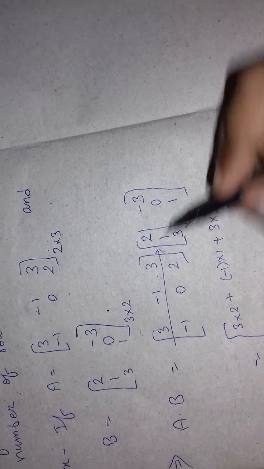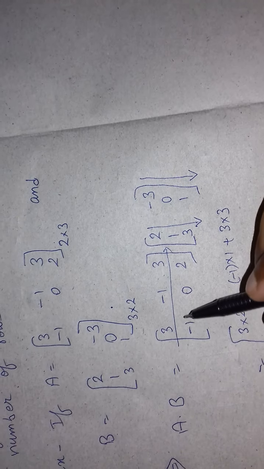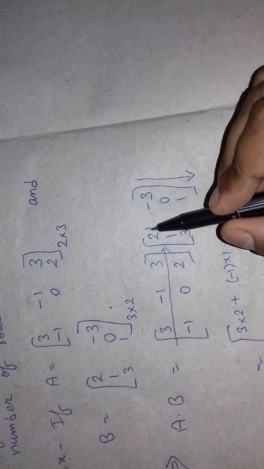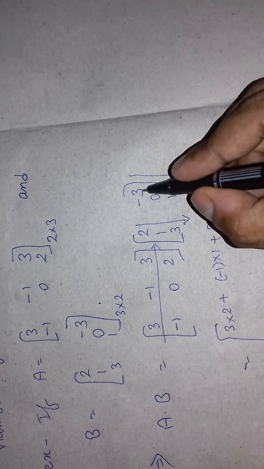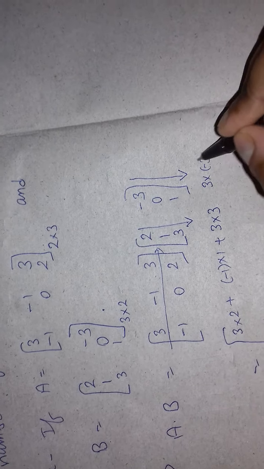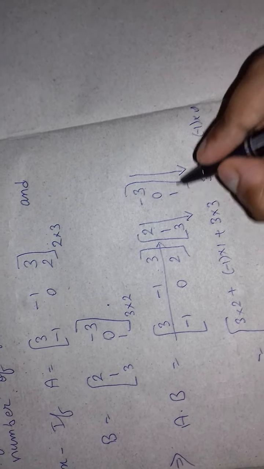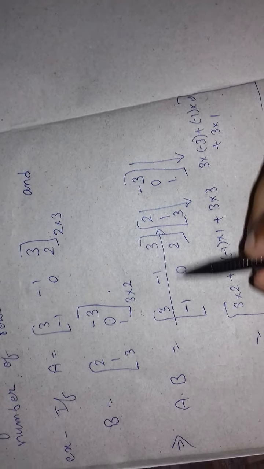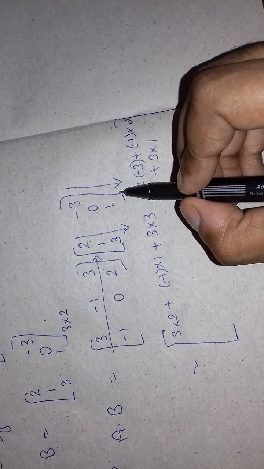Again we will multiply this row with another column. Now we will multiply the first row with second column, 3 into minus 3 plus minus 1 into 0 plus 3 into 1. Now multiplication of first row is over. We have multiplied our first row with both the columns.